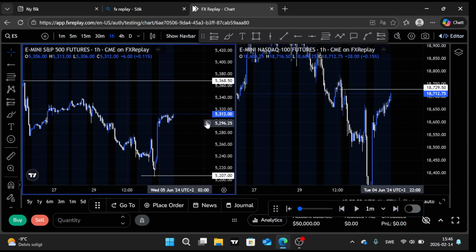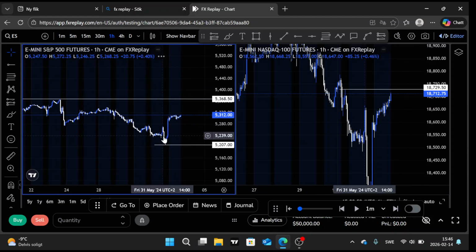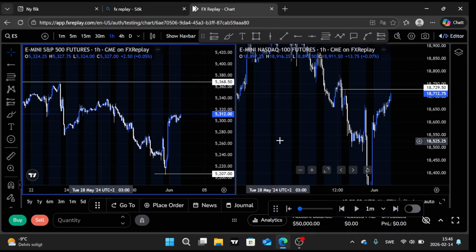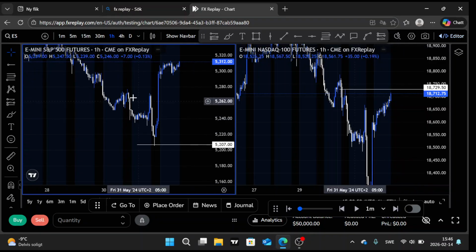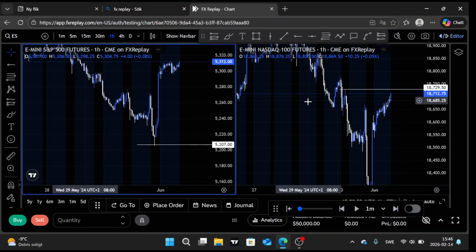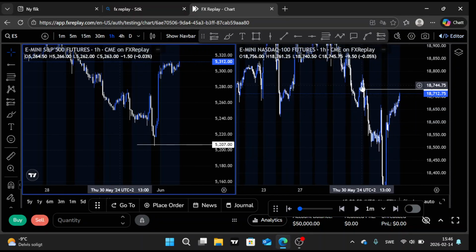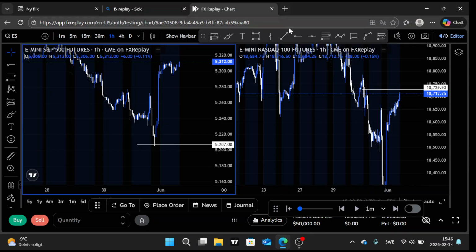Okay, so now we have bearish SMT. You know which one? This one, this high has been swept on ES but not on NQ.